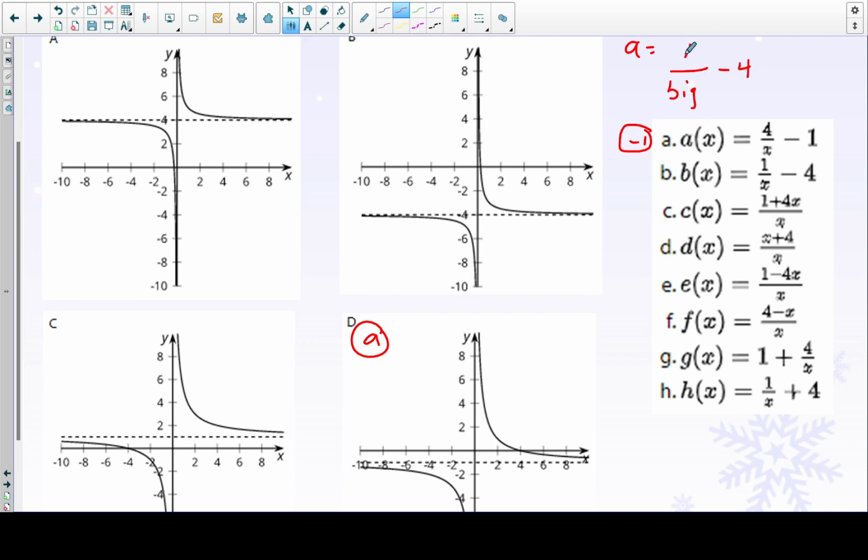This part's just going to be 0. 1 divided by big is basically nothing. So this one has a horizontal asymptote at -4. That must be this function here. That's the only one with an asymptote at -4. Okay? And so let's continue that same process.